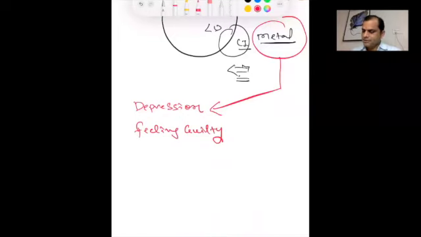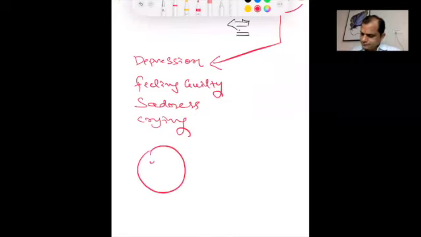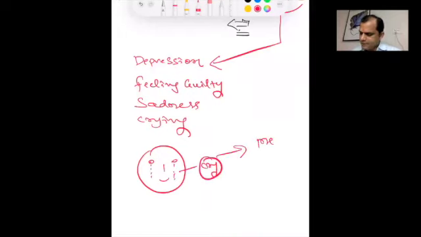The metal element is connected with sadness, crying. So when we are treating patients in the clinic, many times some patients come, they cry again and again. So if some patient cries again and again, it means we need to balance the metal element.